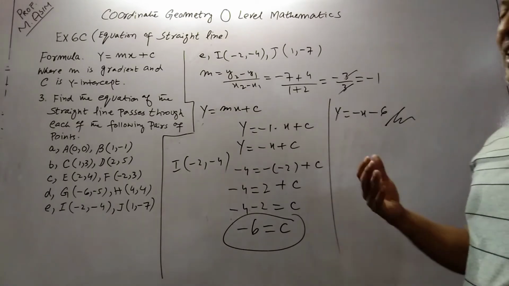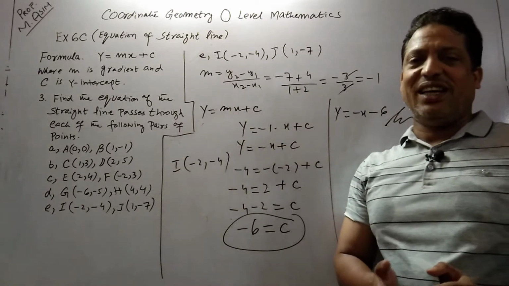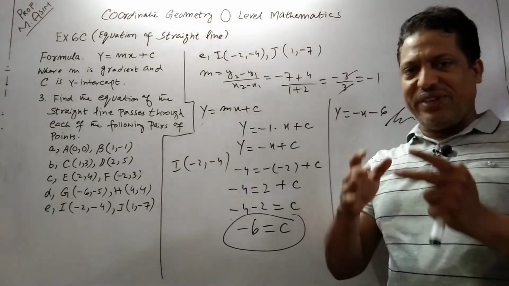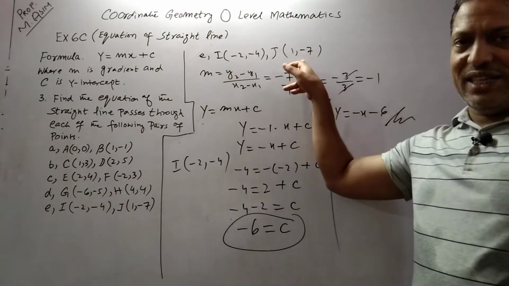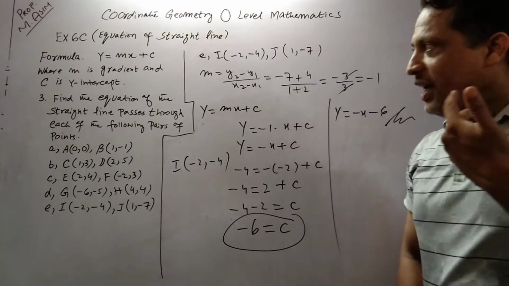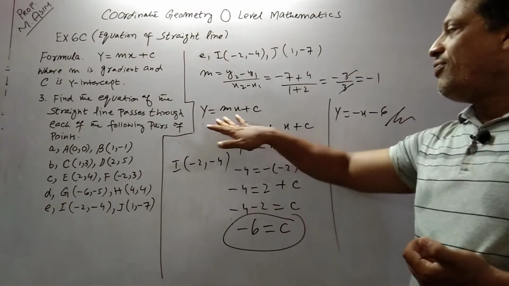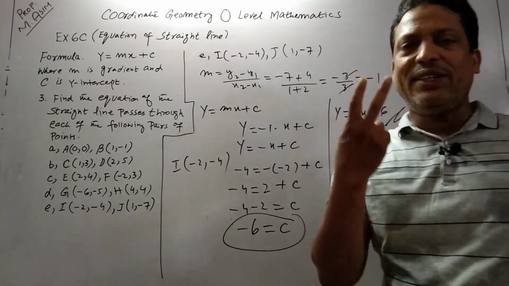Why am I doing it too fast? Because I think you fully understand how to find the equation of a straight line with the help of two coordinates, and whenever we find the equation of a straight line we need two things.